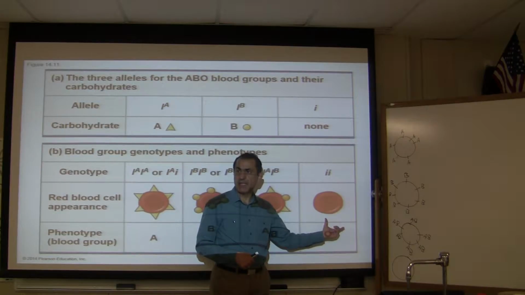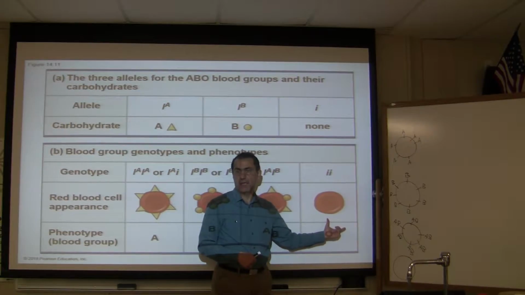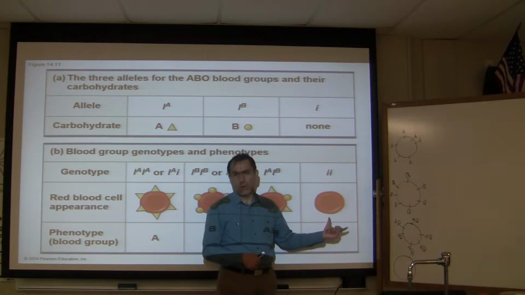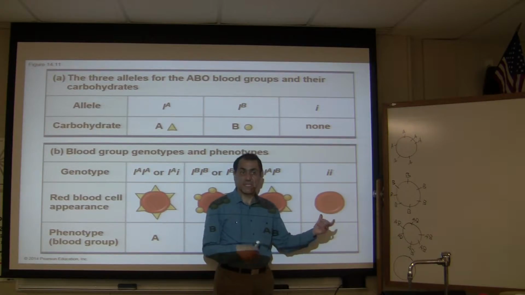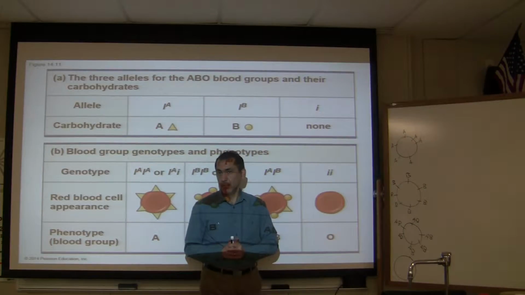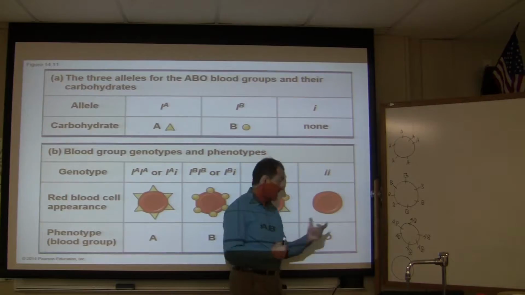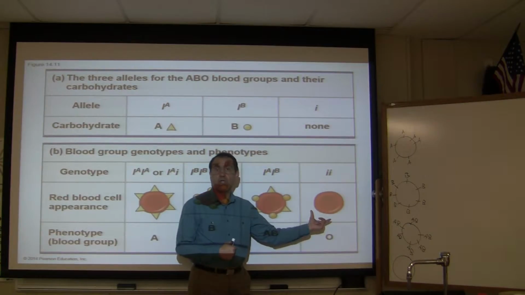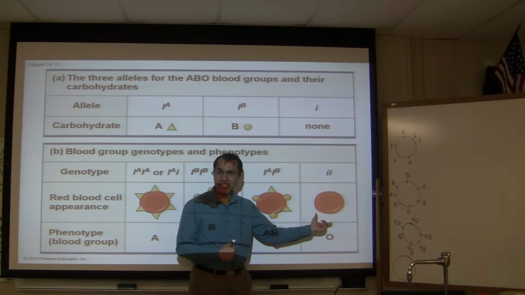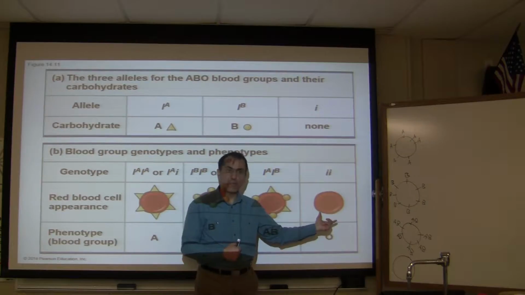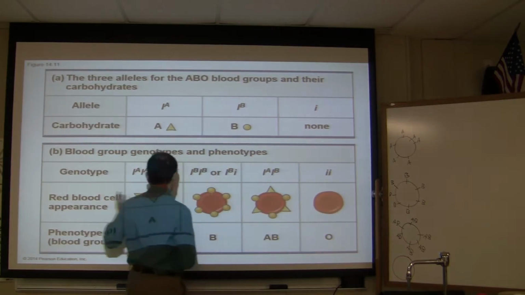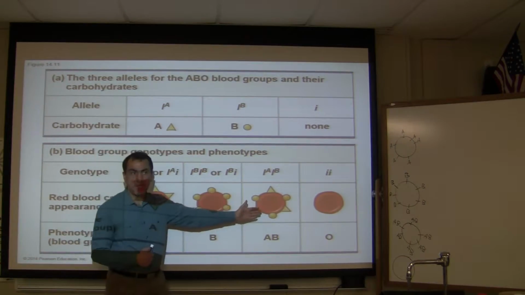If you donate your blood and it is A or AB, somebody else cannot take it. You've heard of universal recipient? These guys are universal donors. These guys can donate their blood to anybody else.